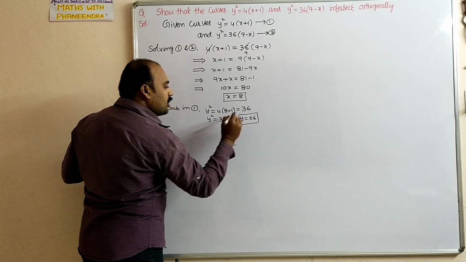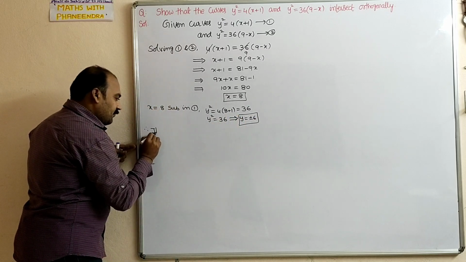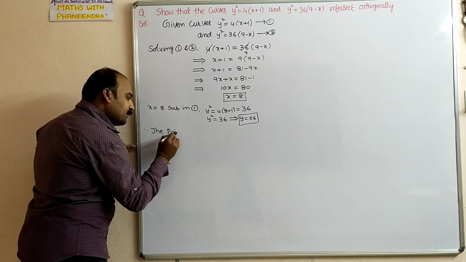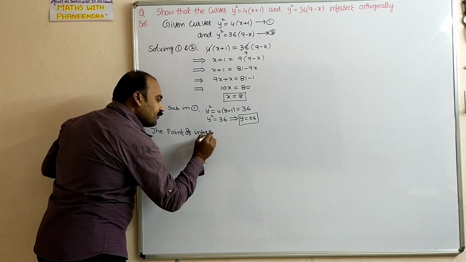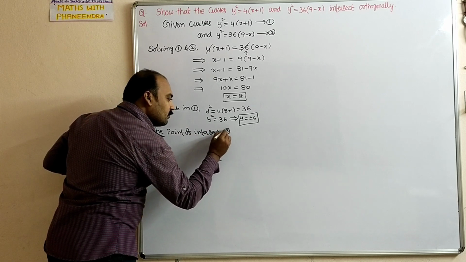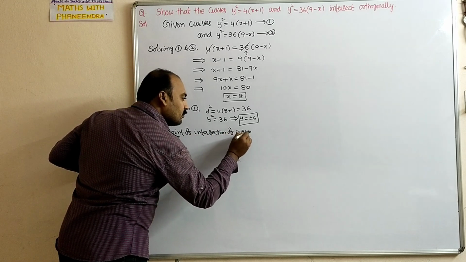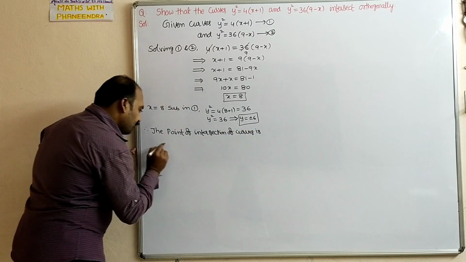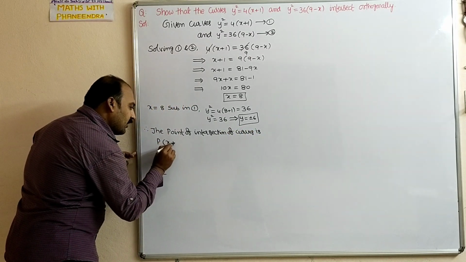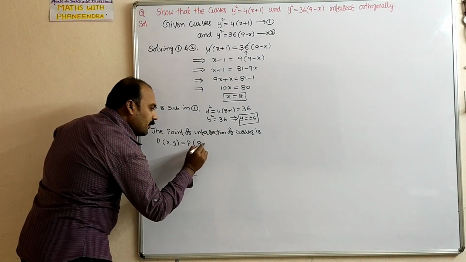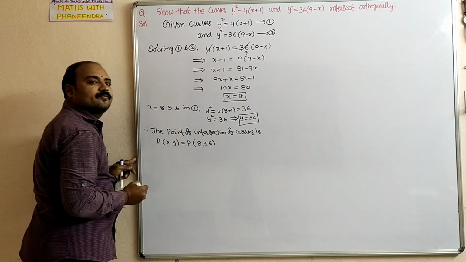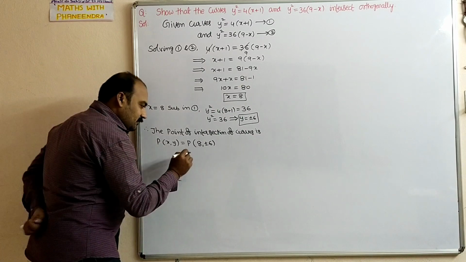So therefore the point of intersection of the curves is P(x, y) equal to P(8, plus or minus 6). So here 2 points are there.